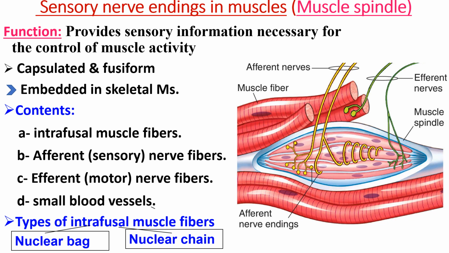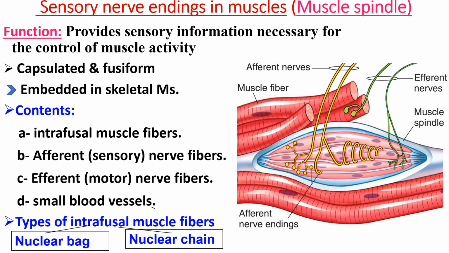It contains muscle fibers which are different in structure from those outside the capsule. Those are called extrafusal muscle fibers, the ordinary muscle fibers.